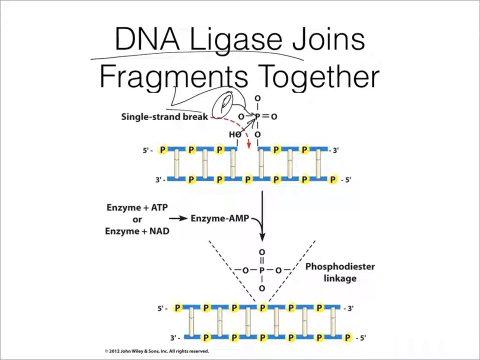And you end up with a phosphodiester linkage. That means that you have a phosphate linking two hydroxyl groups together, and all phosphate bonds in DNA are phosphodiester linkages.